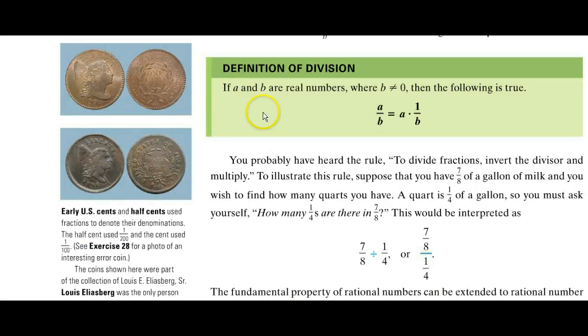Okay, now going into division, again, you can never divide by 0. But another way to look at A divided by B is to say that A times 1 over B. So we can convert this to a fraction.